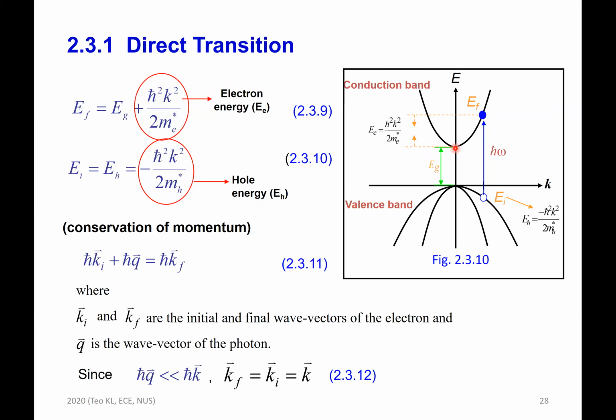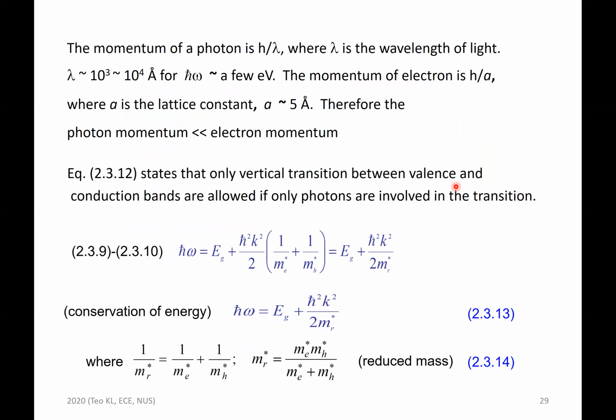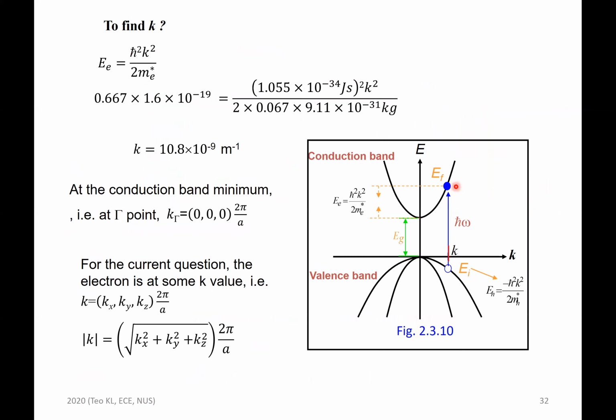The bottom of the conduction band occurs at the gamma point. So let us look at this diagram in the next slide. This is the K value I'm talking about. This is the top valence band, which is the gamma point.